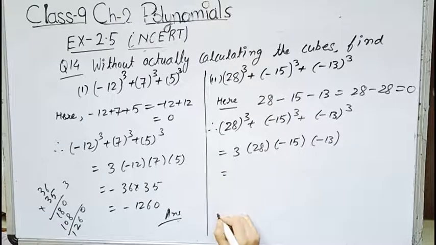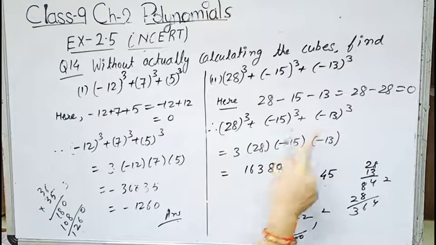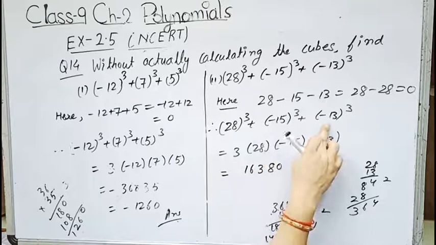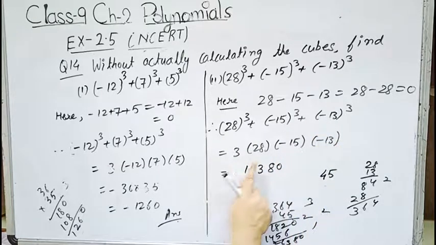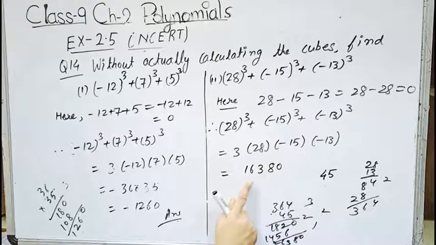Find its value. So a cube plus b cube plus c cube will be equal to thrice of a, b and c, where a is 28, b is minus 15 and c is minus 13. So 3 into 28 into minus 15 into minus 13, after multiplication we will get the answer as 16380.